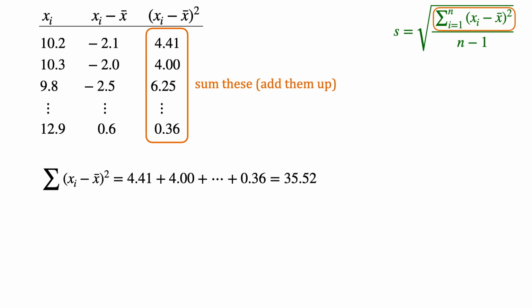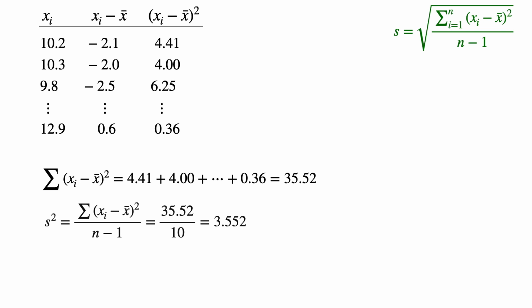The sum of xi minus x bar squared is simply the sum of all of the elements in the third column here. And once we calculate that, we find that it's 35.52. And so now, if you look in the upper right corner, we see that we have that entire numerator solved. We know that portion there is 35.52.